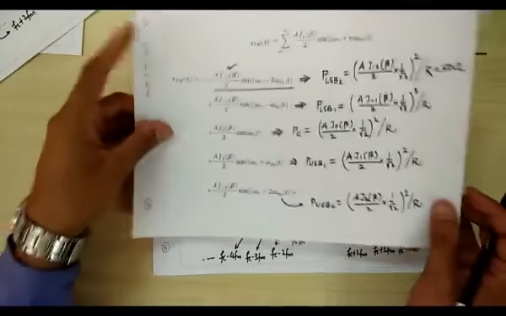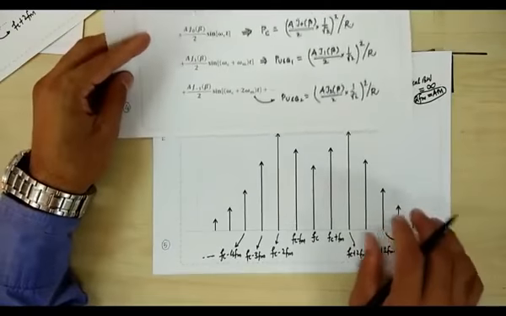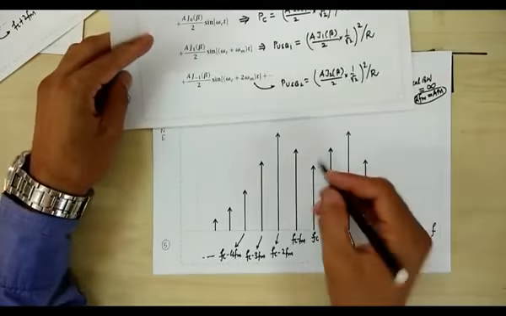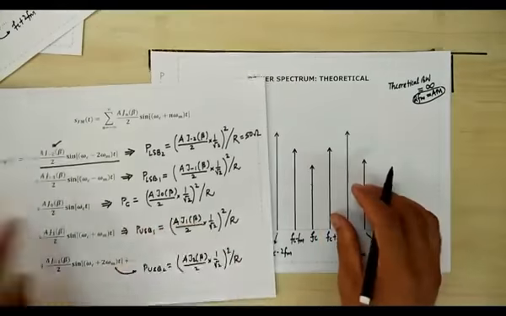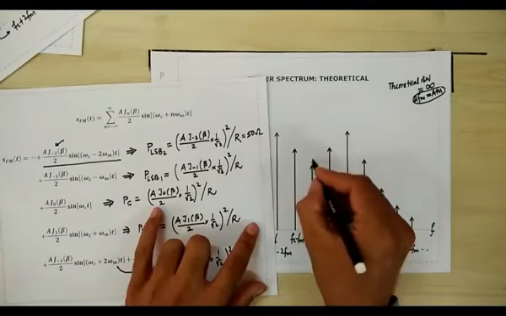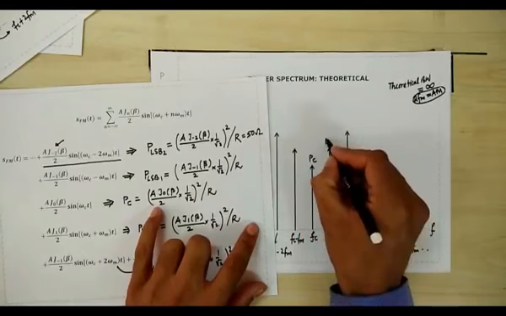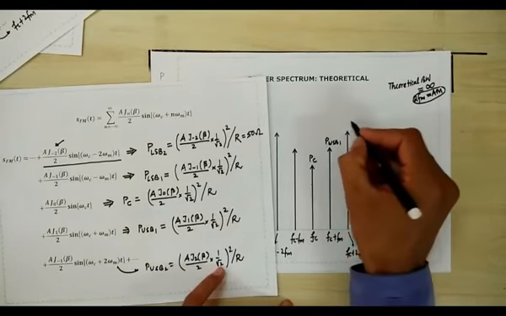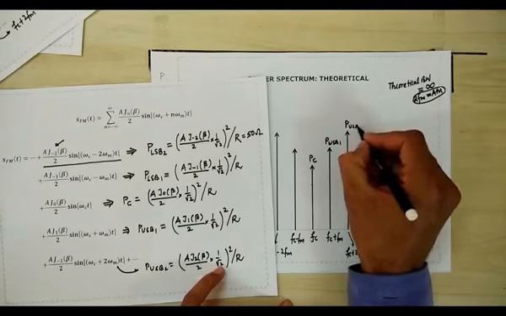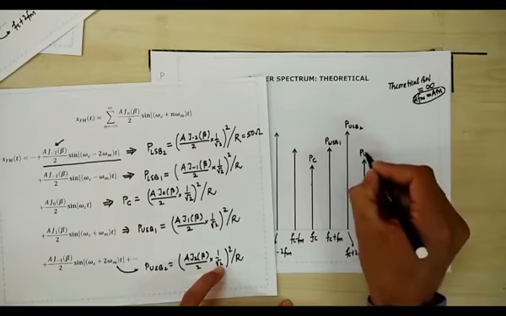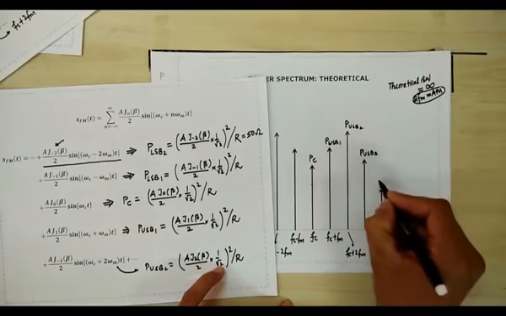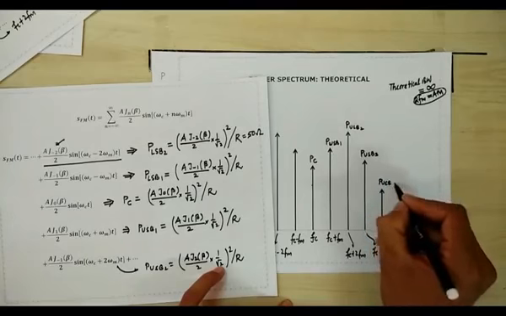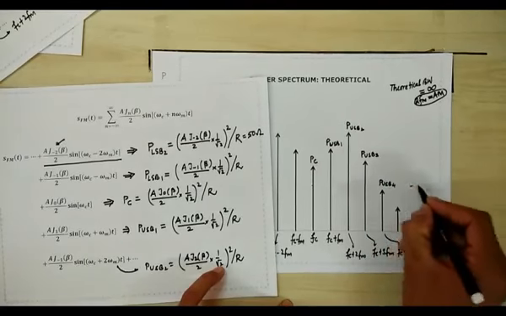So these are the powers we can write here also. This is PC, this is PUSB1, this is my PUSB2, this is PUSB3, this is PUSB4, and so on.